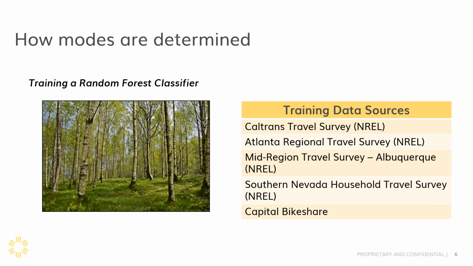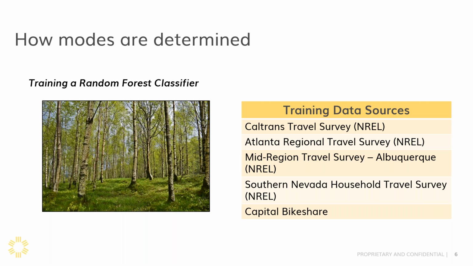So one of the things that we do to determine how different modes are being used throughout the day is we look at the number of cell phone and GPS pings. That's every time a device communicates, either through Wi-Fi or through the cellular network, and it pings a certain number of times throughout the day.